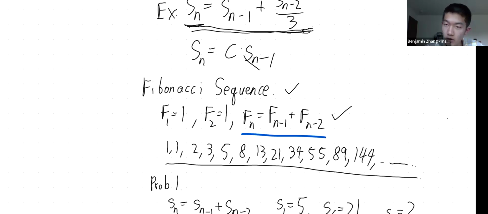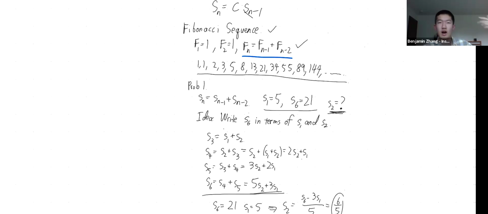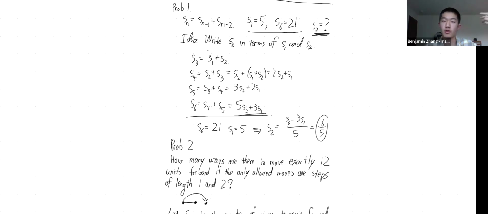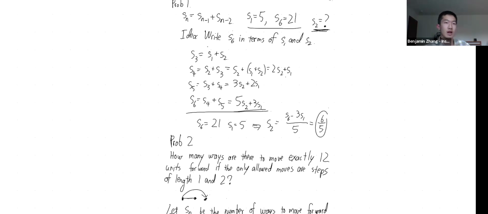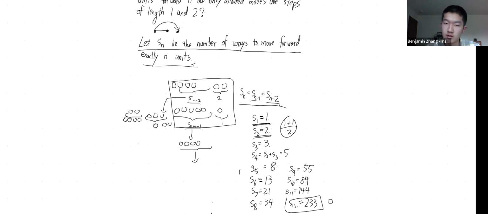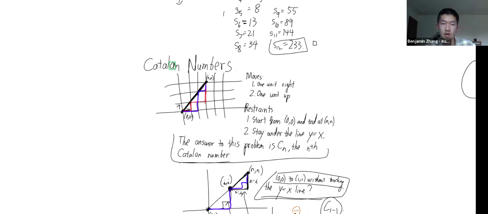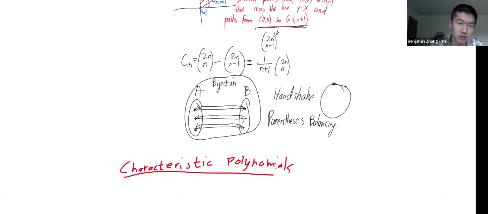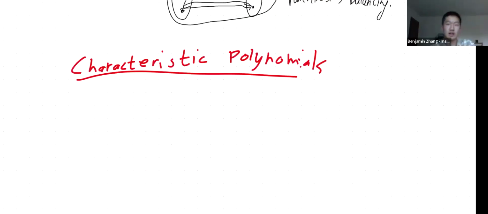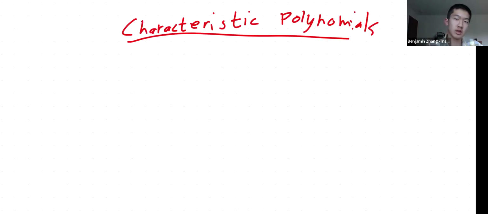Okay. Well, the thing is, actually, we can find a closed form for the Fibonacci sequence and infinitely many other recurrences, but not all of them. And we'll go over how we do that, by showing a quick example of how exactly characteristic polynomials work. Like I mentioned before, they're used to find closed forms of linear recurrences, and they have to be linear.